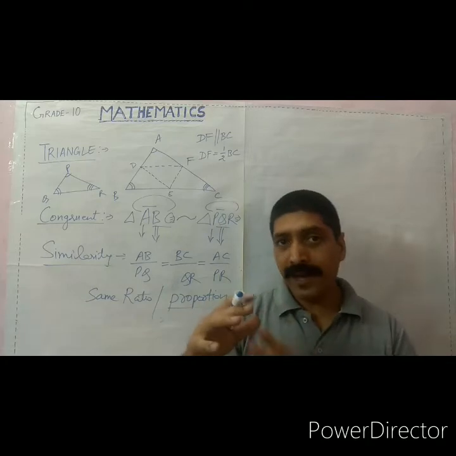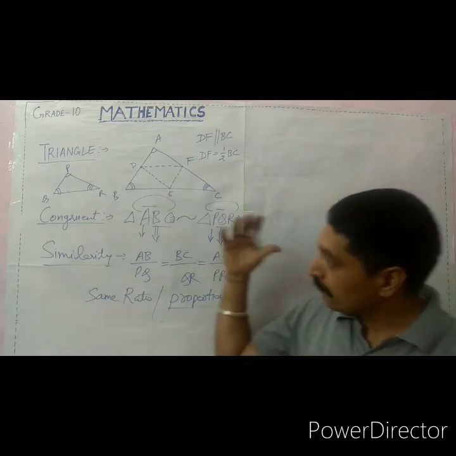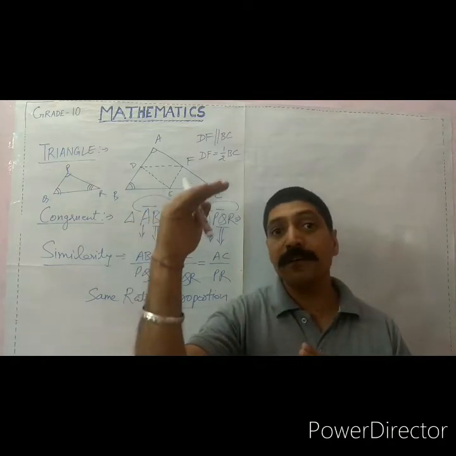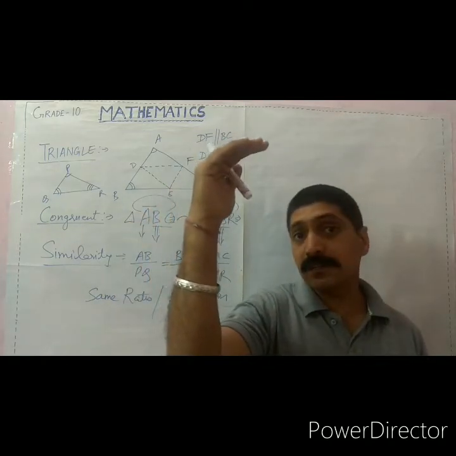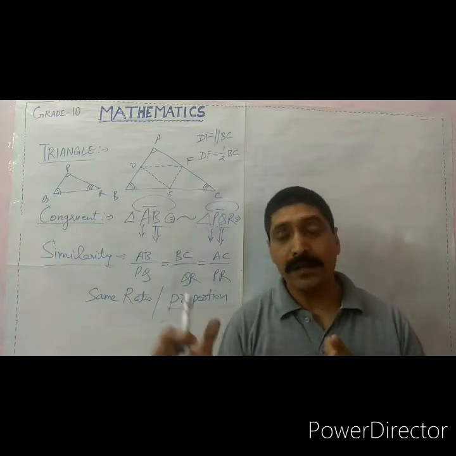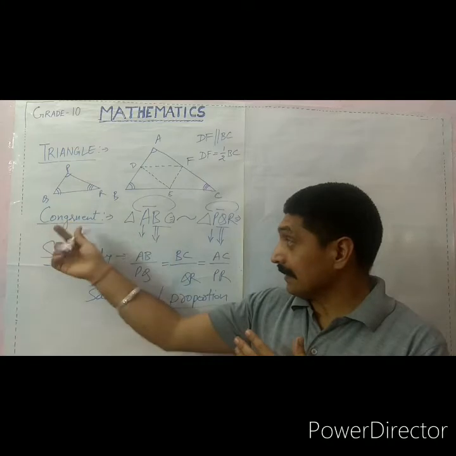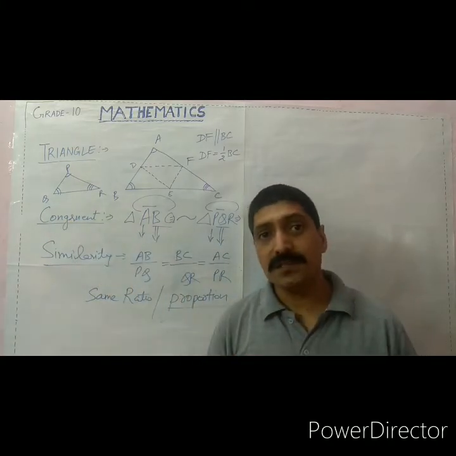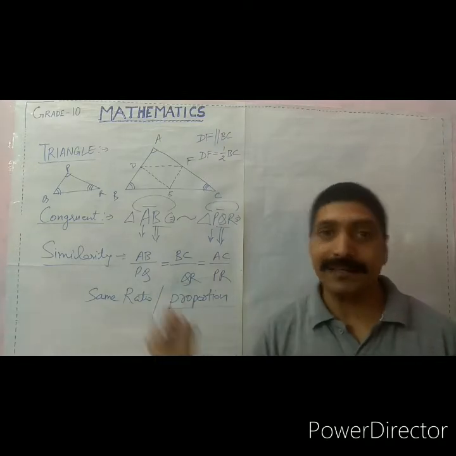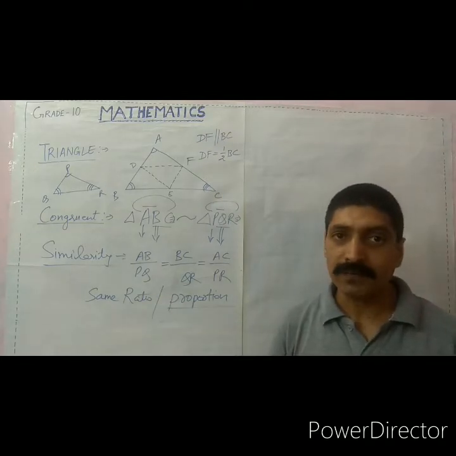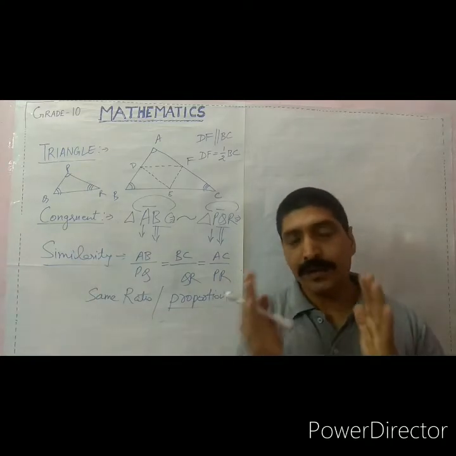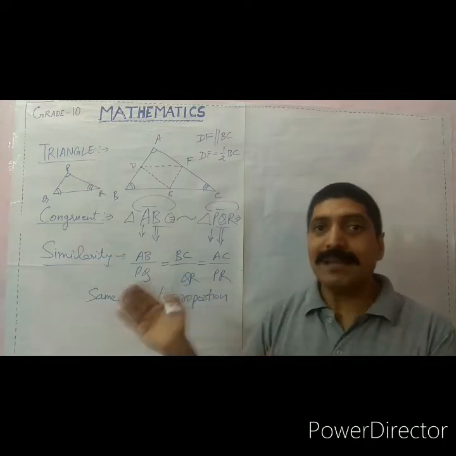How have we measured the distance of very distant objects such as the moon? We are finding these long distances with the properties of similarity. We cannot measure these long distances directly, so we are using the properties of similarity.